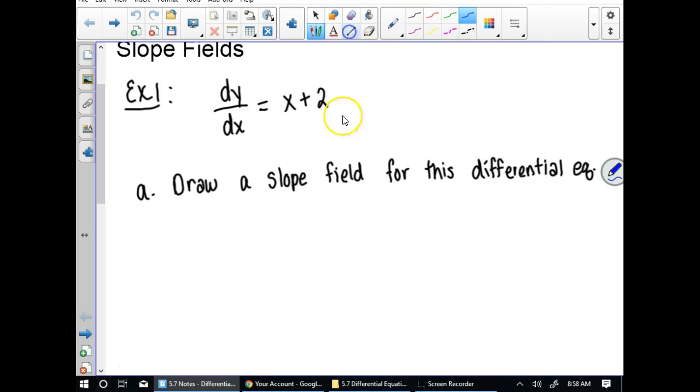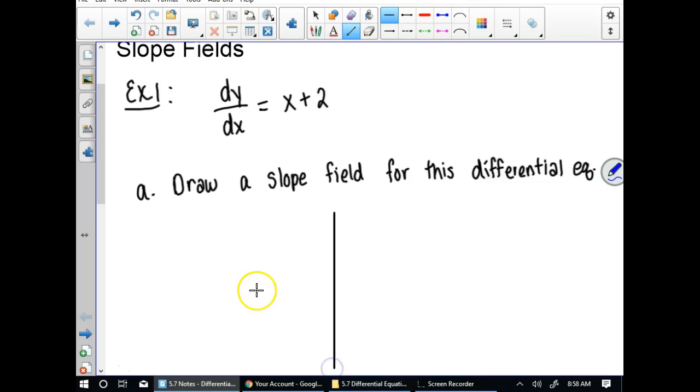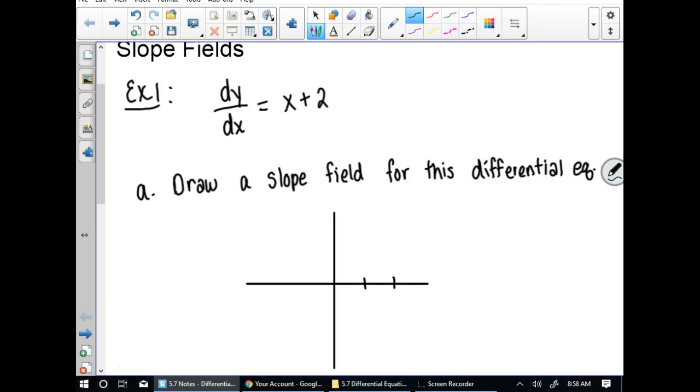We are going to draw a slope field for this, and let's just do a 2 by 2. We draw in our slope field here.